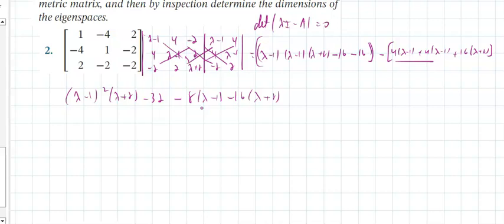Unfortunately, that doesn't work the way I liked. I was hoping this would have a lambda. Let me work that out on the side really quick. Lambda squared minus 2 lambda plus 1. I thought we would have to work them out because those are going to be lengthy like that.